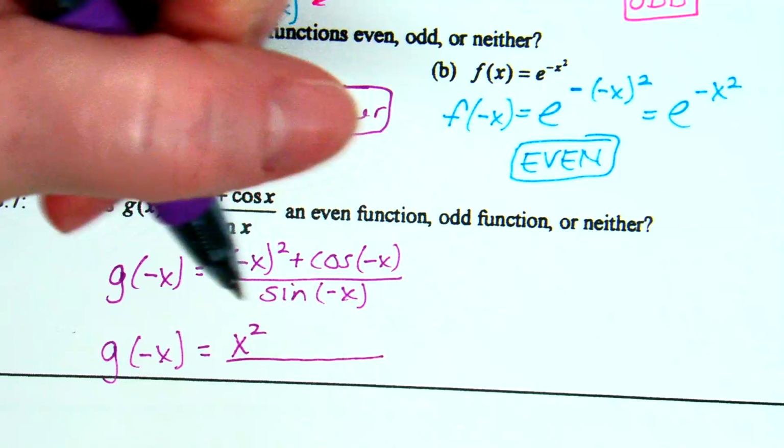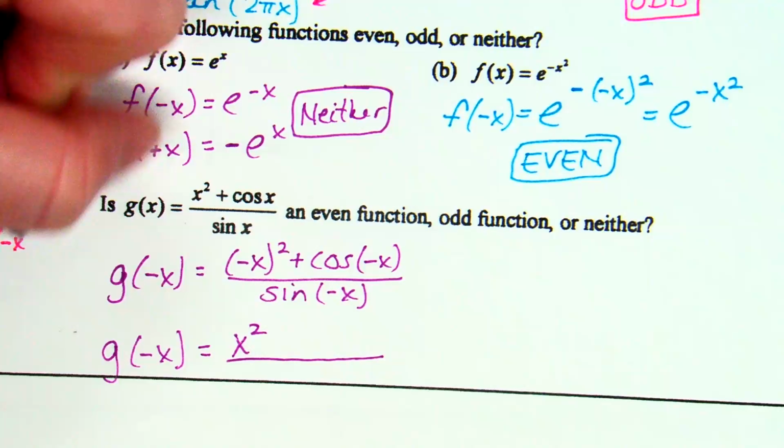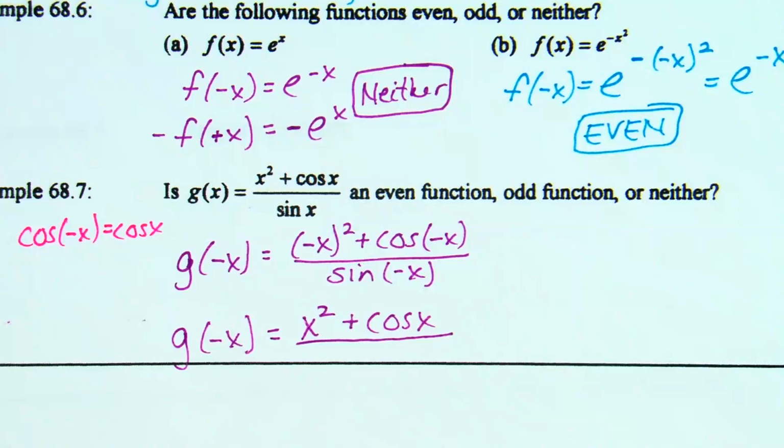Now, what about cosine of negative x? What is cosine of negative x equal to? Cosine x, and how do we know that? Yeah, that identity I just showed you, it said cosine of negative x is equal to cosine x. So cosine of negative x is just going to become cosine x.